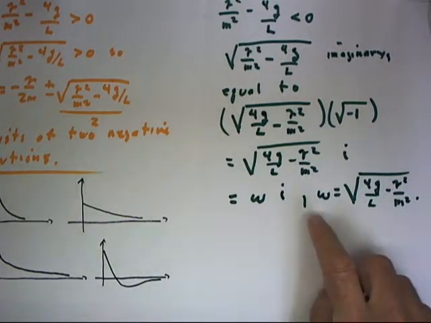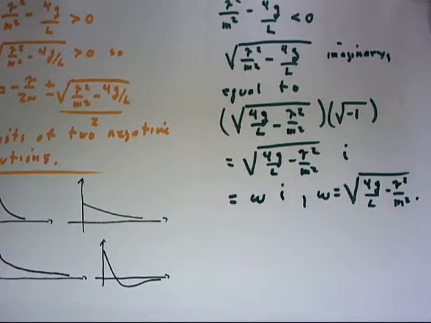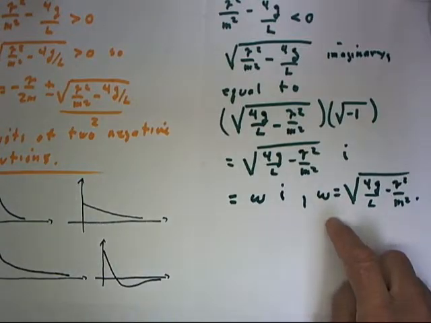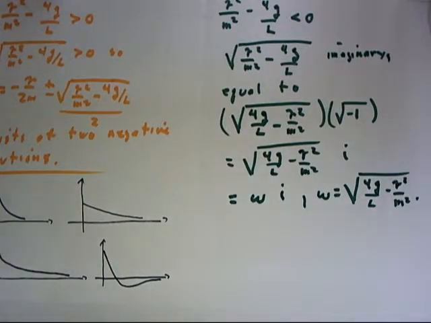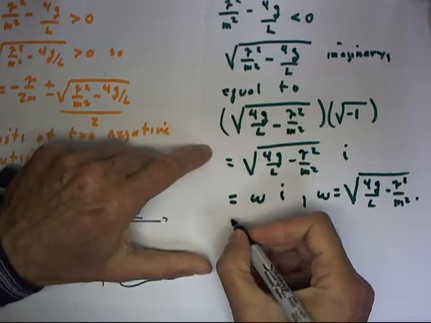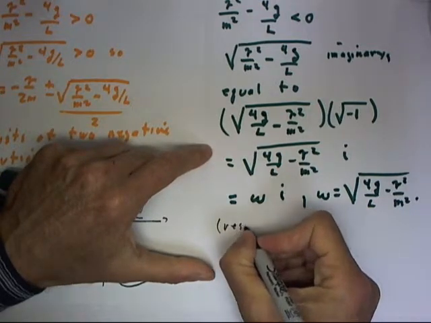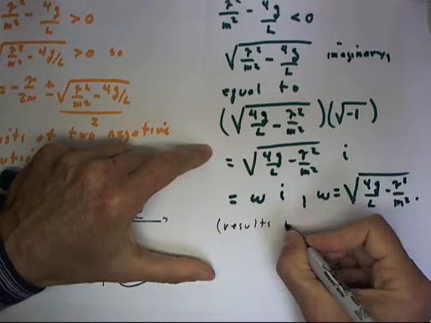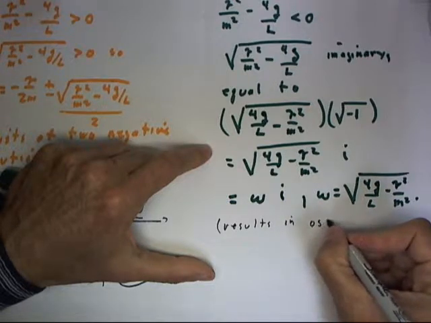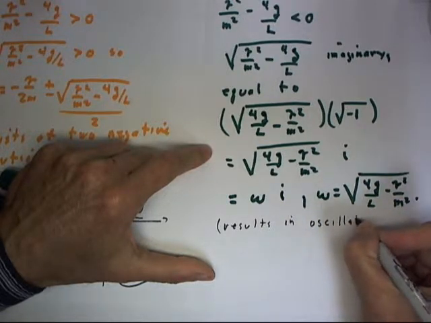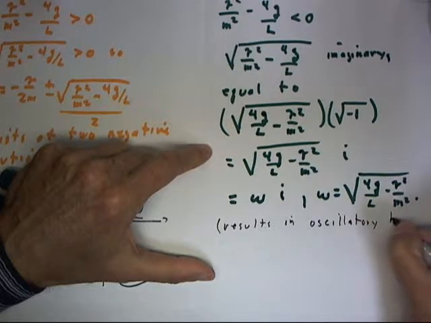By calling this omega, I anticipate the fact that we're going to have an oscillatory component to the behavior. So this is going to result in oscillatory behavior.